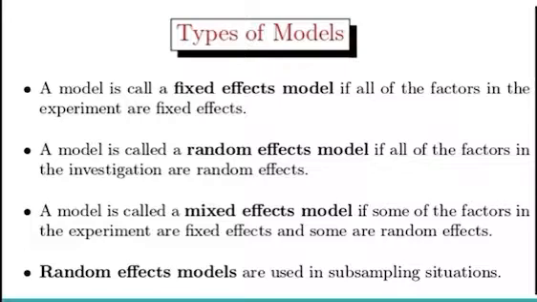You're only considering just 2 of them. There's no other program you are interested in. Then the factor becomes a fixed effect. But the school is a random effect because you are choosing 4 schools at random from the population of schools.